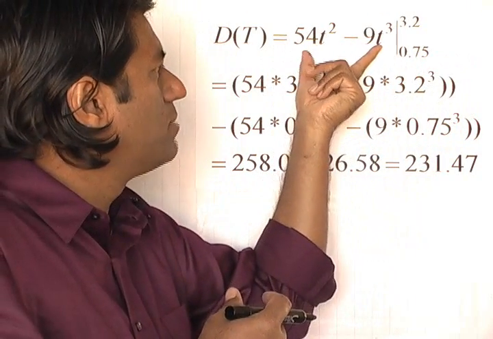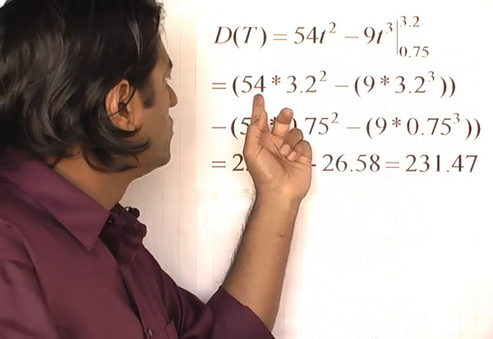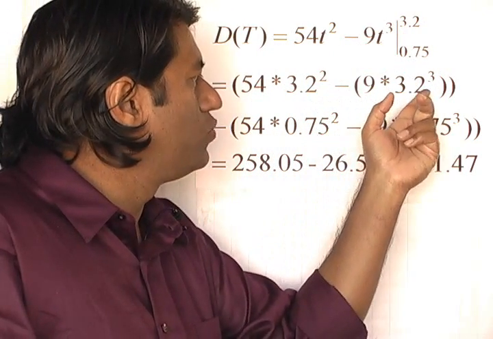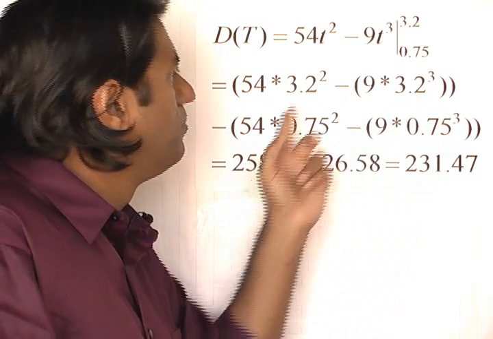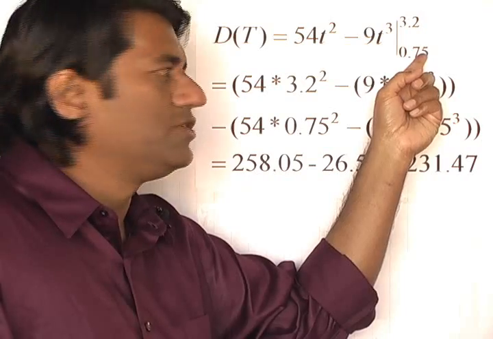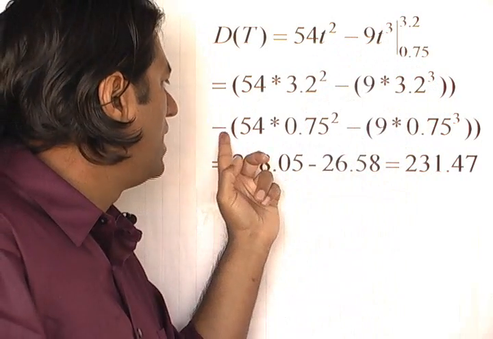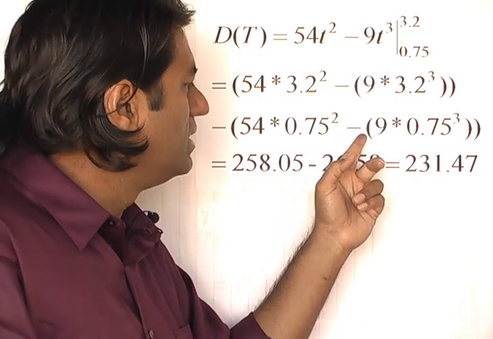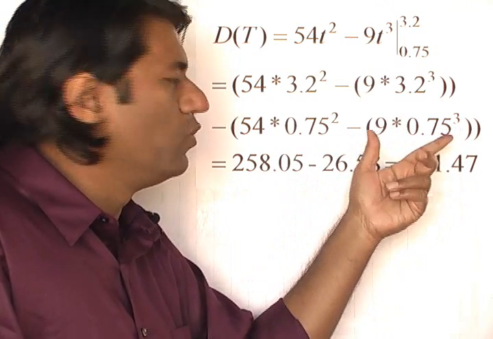Into this closed form solution, you substitute 3.2 first. That will be 54 into 3.2 squared minus 9 into 3.2 cubed. And from that you subtract the value from substituting 0.75, so that will be 54 into 0.75 squared minus 9 into 0.75 cubed.